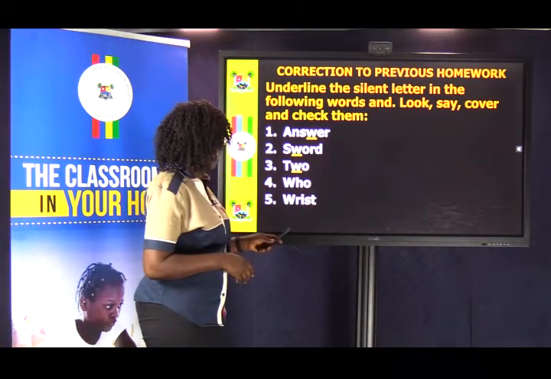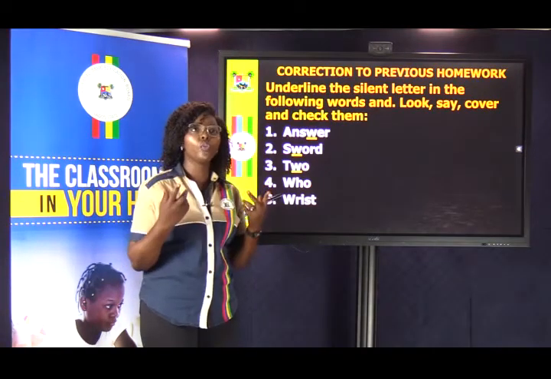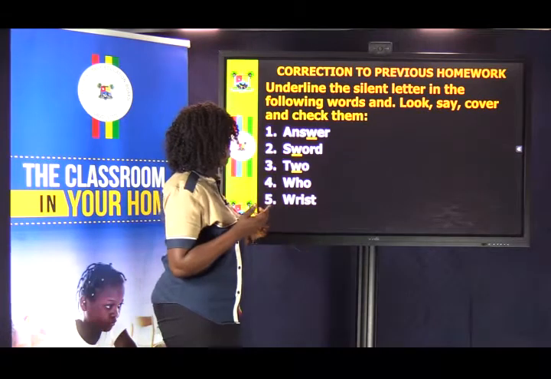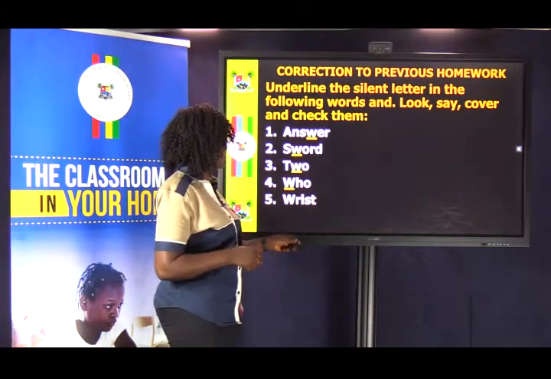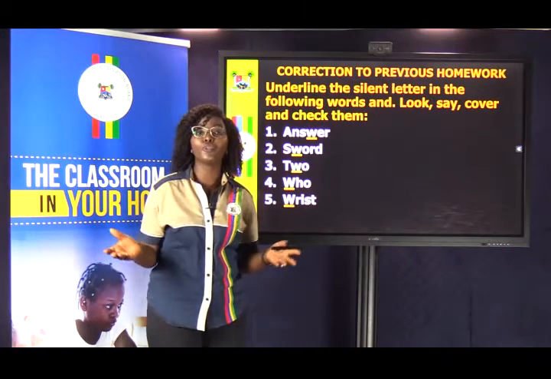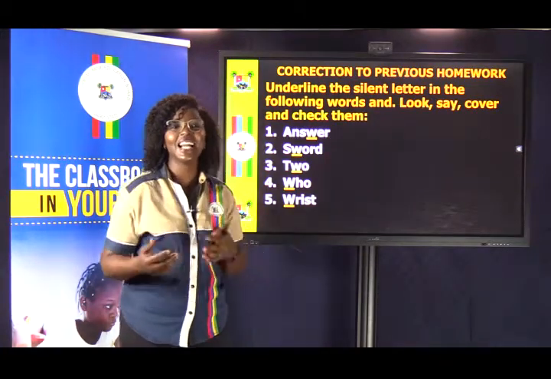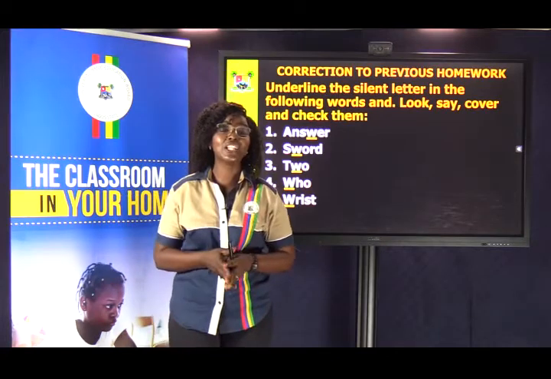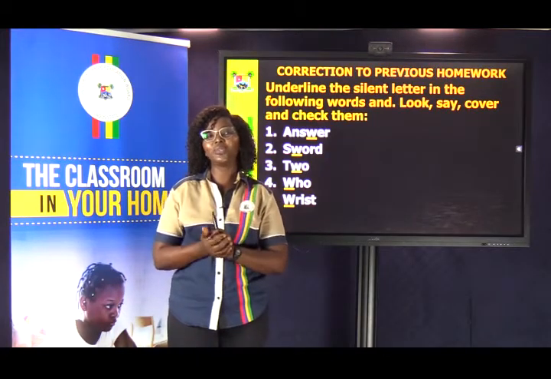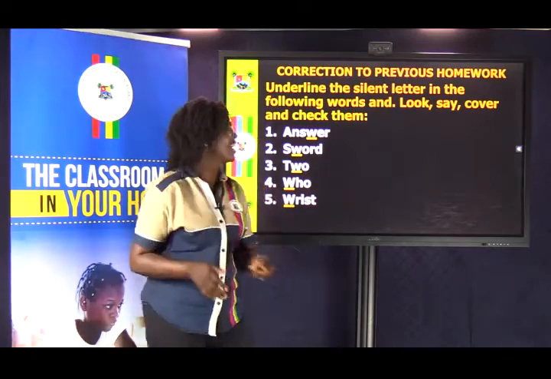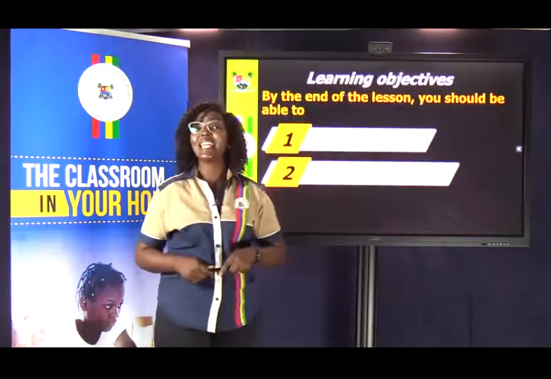And for number 4, who? What is silent in that word? It is W, okay? And the last one is wrist, while W, the first letter, is silent. Were you able to attempt all and you got all correctly? Let me celebrate you with a cheer. Awesome, awesome. And now to today's business.